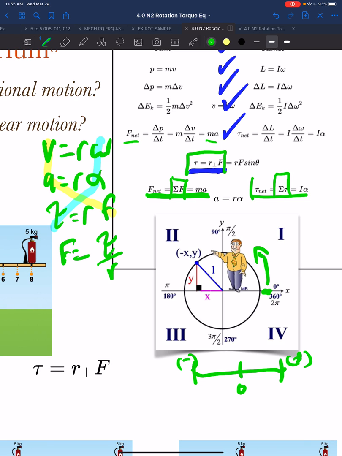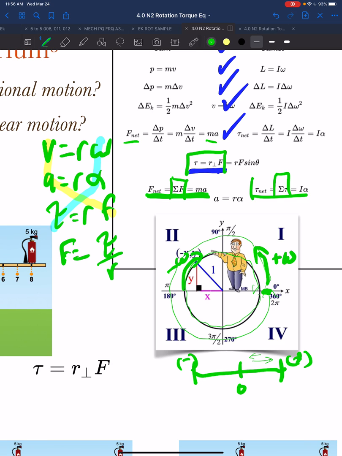And this is the positive omega, and this would be negative omega. Anything traveling in this direction is negative angular velocity, and anything traveling in this direction is positive angular velocity. So something traveling in this direction is positive velocity, something traveling in that direction is negative velocity. That's all we're doing is specifying that.